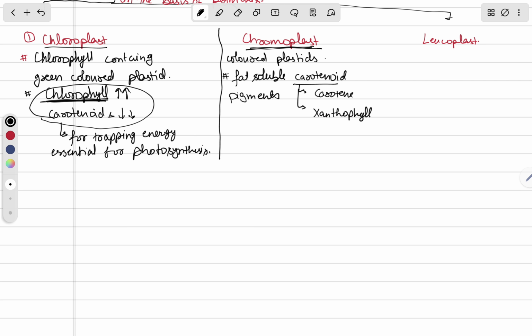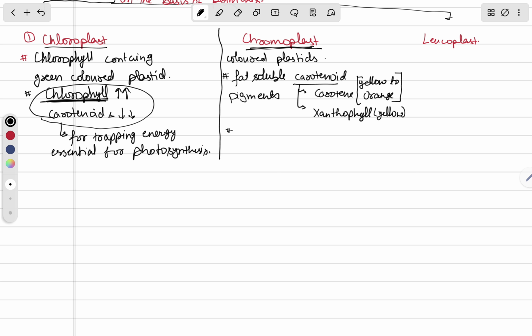If we talk about the color of carotene and xanthophyll, xanthophyll is yellow in color and carotene is yellow to orange.